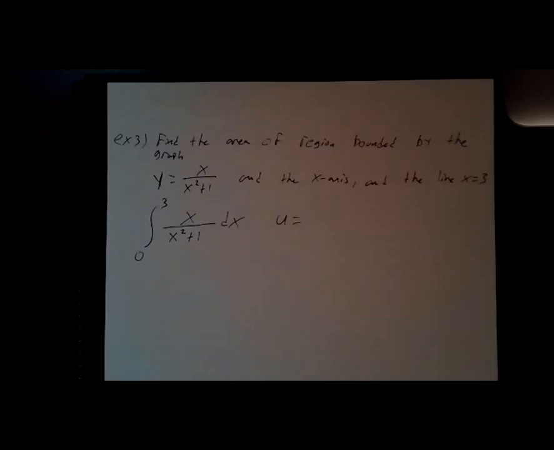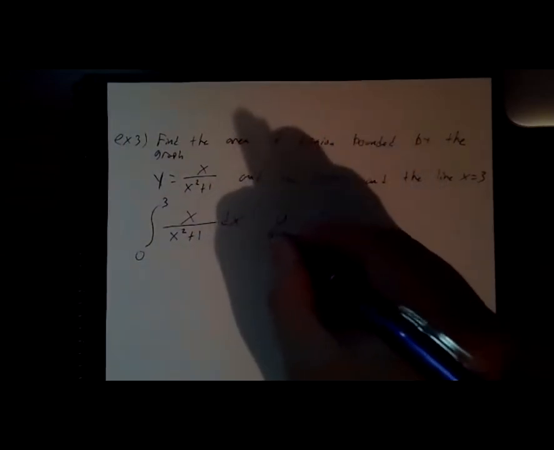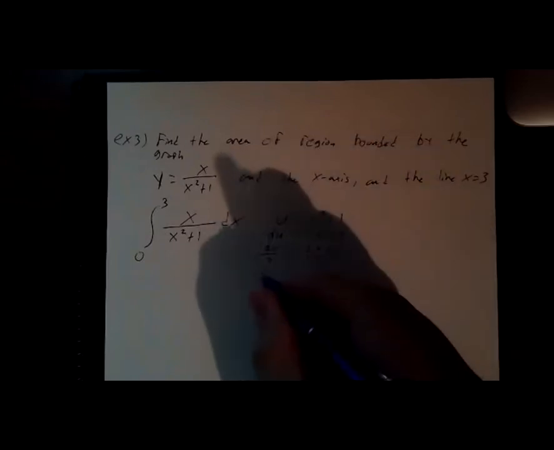So what should U be? X squared plus 1. Yeah, it's going to be x squared plus 1, so du is 2x dx. Again, we don't have a 2, right? We'll get rid of it. So du over 2 is equal to x dx.